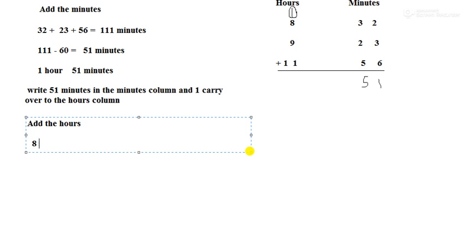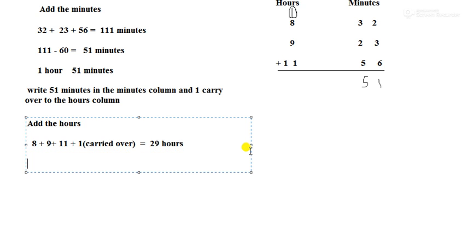Here 8 hours plus 9 hours plus 11 hours plus 1 carried. So 8 plus 9 plus 11 plus 1 is 29 hours. Now write 29 in the hours column.